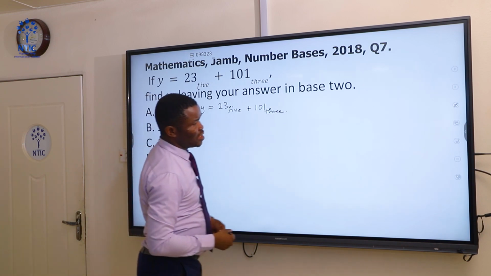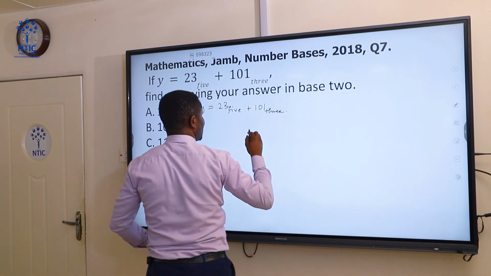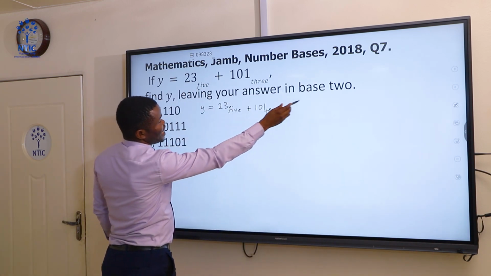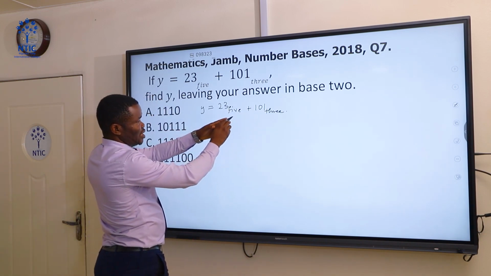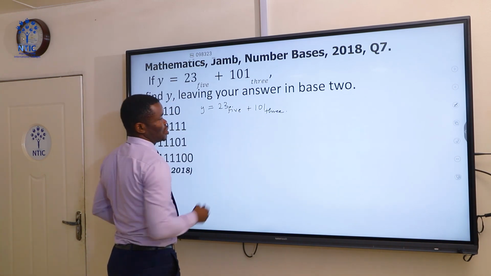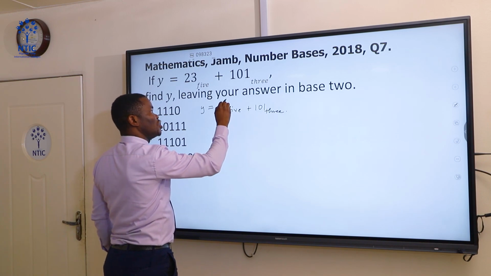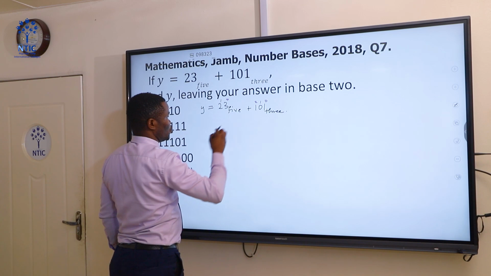So like I said, what you do first is you ignore the subscripts, leaving your answer in base 2. You first convert all these to base 10, 23 base 5 to base 10, 101 base 3 to base 10, and later convert your answer to base 2.